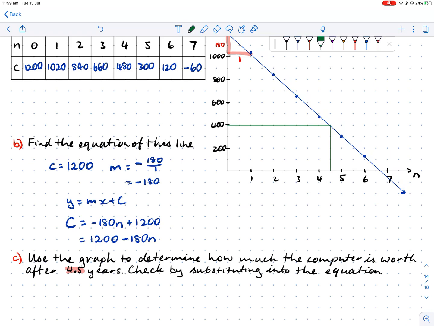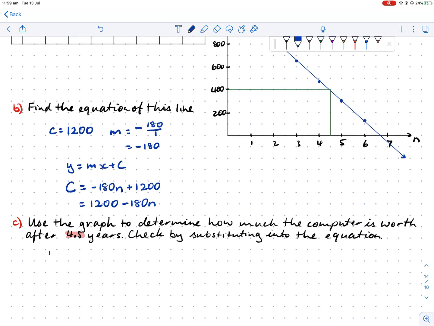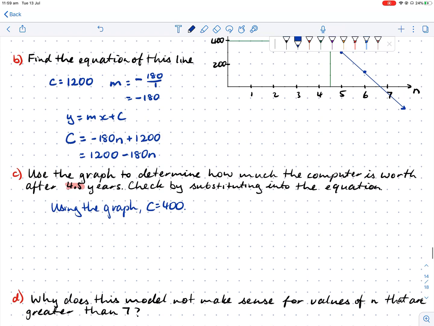From this diagram, it looks like it's just under 400, but I think it's close enough to 400 that we can say using the graph, C equals 400. But we can now check it using the formula we had. When n equals 4.5, C is 1,200 minus 180 times 4.5. And when we work that out, it's 390.